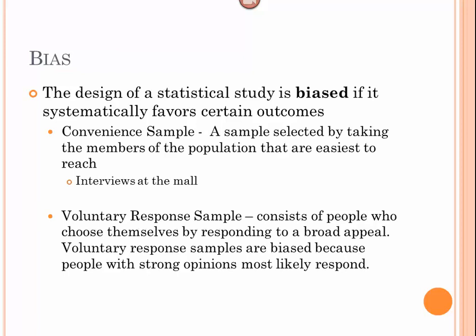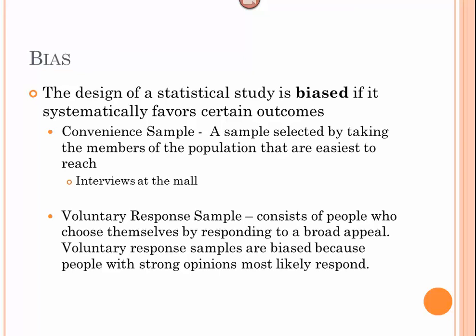But what we generally want to always, always, always avoid is a voluntary response sample. The people who choose themselves, so there's a self-selection involved, are people who generally have strong opinions about the topic at hand. Not that we don't want to hear from those people as well, but we just don't want to leave out the people in the middle who, maybe they haven't thought about it, but they plan on voting if it's a political issue.